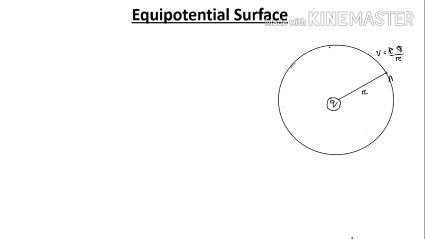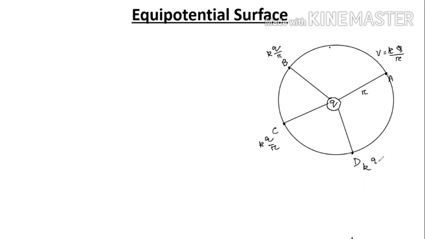If I assume various points over this sphere, let's say this is point B, this is point C, D, all these points will be at the same distance from this Q. That means they will be at distance R from this Q. Obviously, the potential which we observed at point A, which is nothing but KQ by R, that same potential will be seen at these points also.